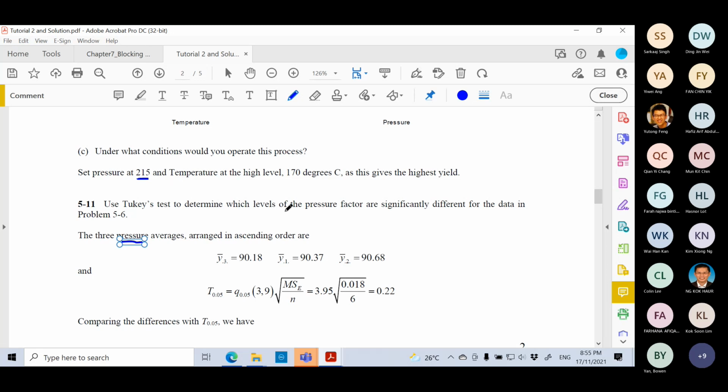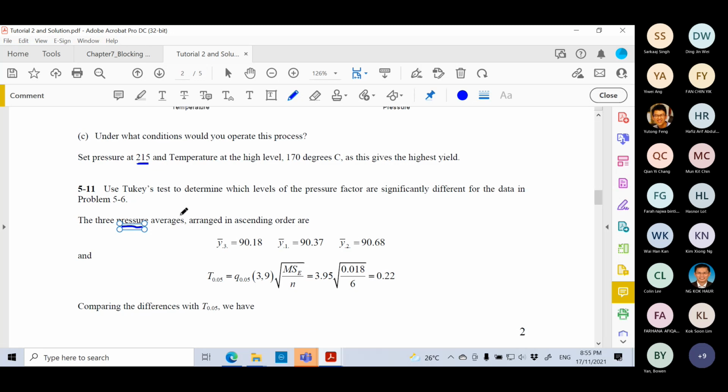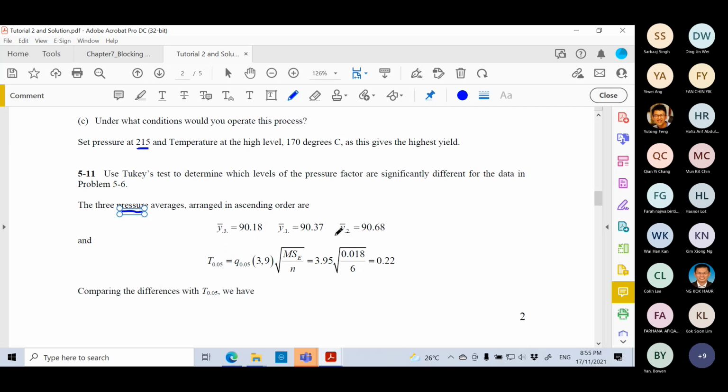Use the Tukey method to determine which levels of the factor are significantly different, from the data in the same problem here. So we can use the Tukey test to do the comparison. Of course, for the Tukey test, you need to get the Q value from the software or from the table.